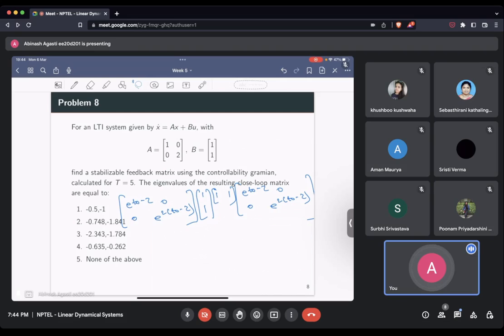Yeah, because the transpose of this is just itself. So then some integration from t0 to t1 d tau. So tell me, what do you get inside the integral?